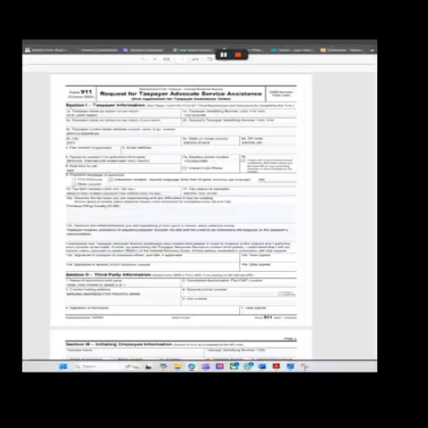I know some people are saying, oh, you want to set up a trust. You can go about it that way, but the trust already exists. Right now, you've got the Social Security number.